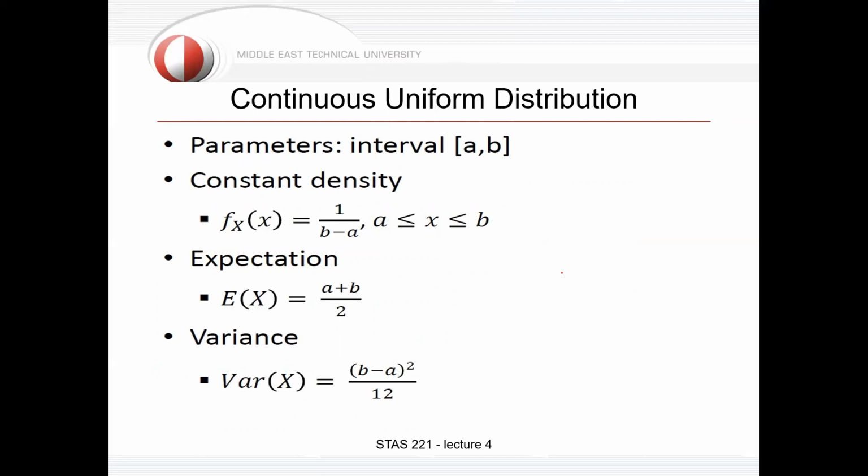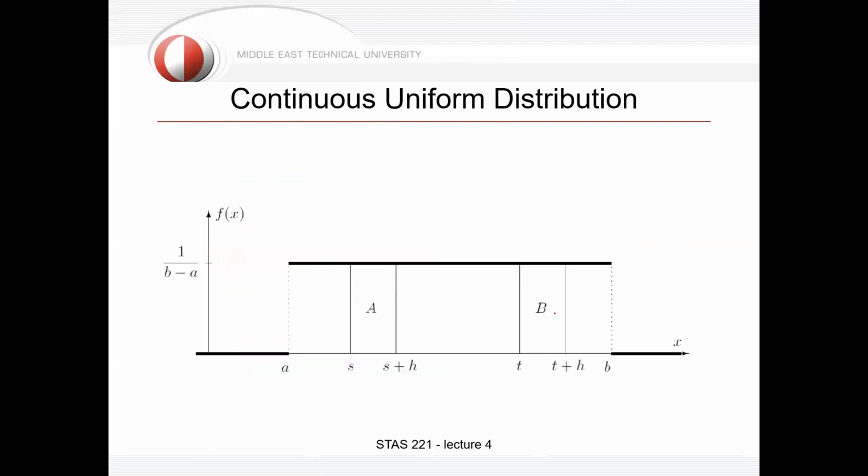Okay, for continuous uniform distribution, this one is very similar to discrete uniform distribution. The only difference is that now we are dealing with continuous random variables. That's the only difference. Now, you can see even for expectation and variance, they are very similar, right? When you want to calculate it and compare it with the previous one, they are pretty similar.